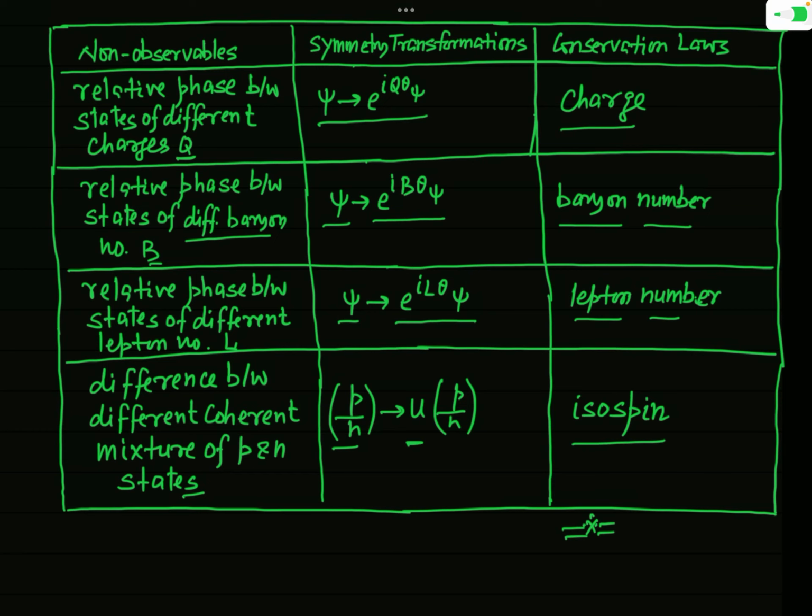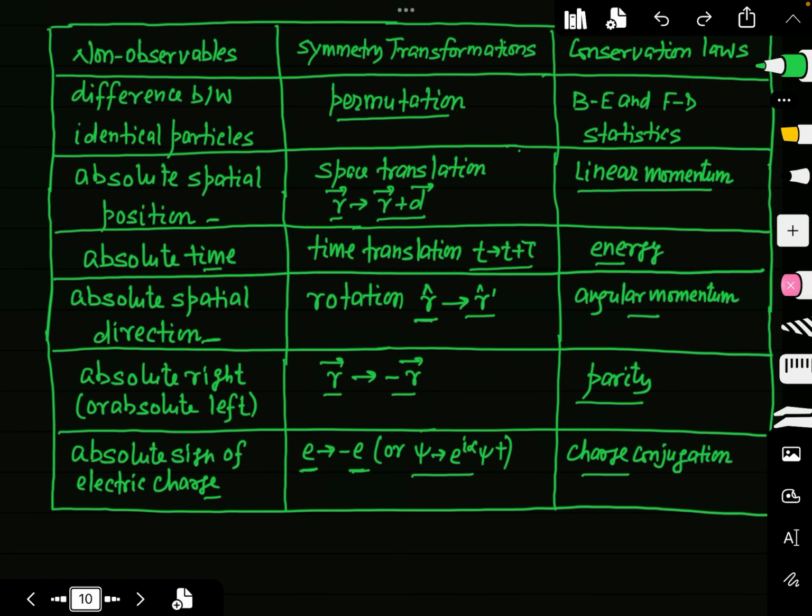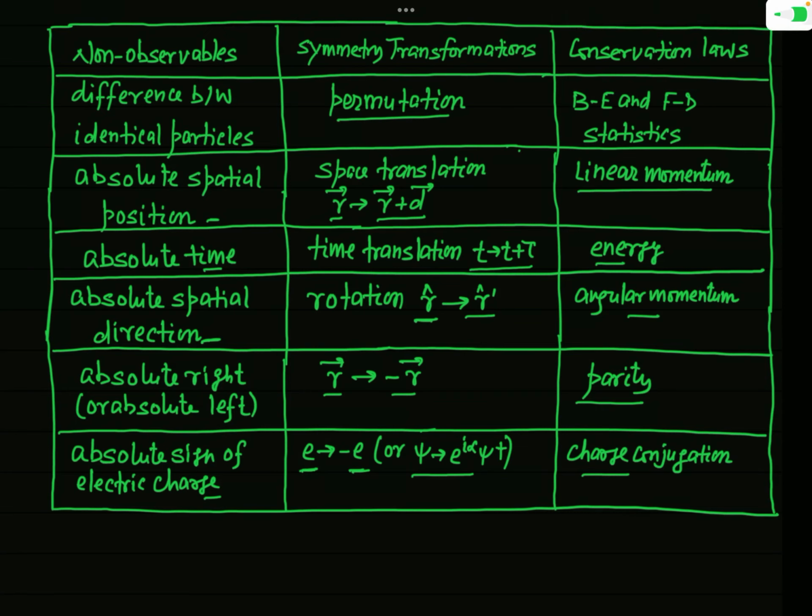So in this table you can see up to this example, absolute spatial direction, that is the principle of conservation of Bose-Einstein and Fermi-Dirac statistics, linear momentum, energy, angular momentum, the symmetries are external.